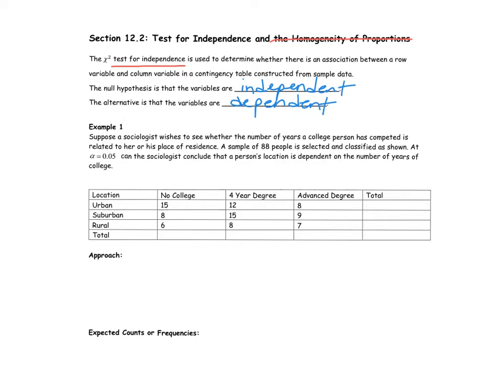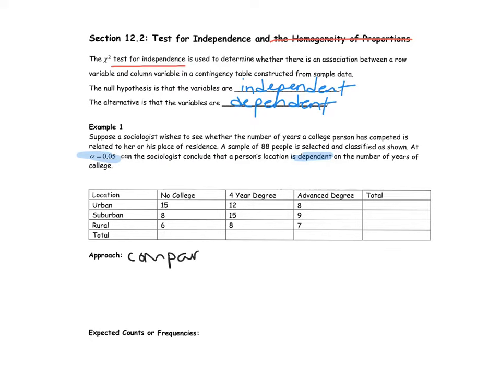All right, so again, some key words. Alpha tells us it's a hypothesis test, and we want to know if our variables are dependent or independent, something like that. And this is the data we have. Okay, so our approach is, these are the actual counts, the observations.